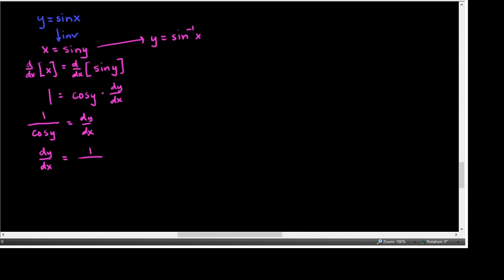So let's think about this. If x is sine of y, let me draw a little picture to help us think about what's going on. If I have a right triangle and we're taking the sine of y, which means the angle is y, and the answer is x, well, x over 1. What I'm using here is the fact that sine of y is equal to x, which I'm going to call x over 1.